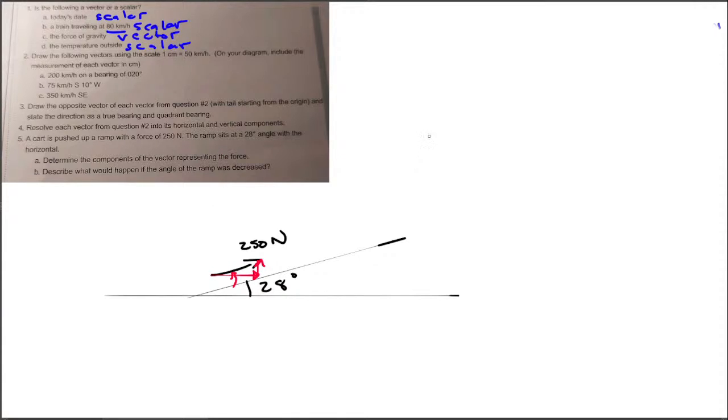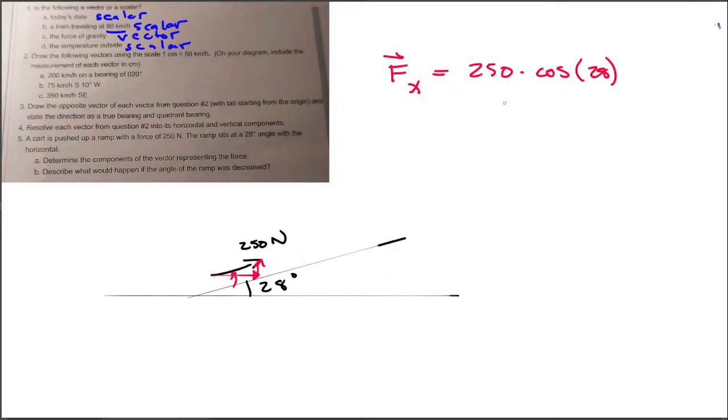Okay, so we'll do the exact same thing. We're going to use the cosine for the adjacent, so the force in the x direction is going to be equal to 250 times the cosine of 28. And a lot of people really want this rule.